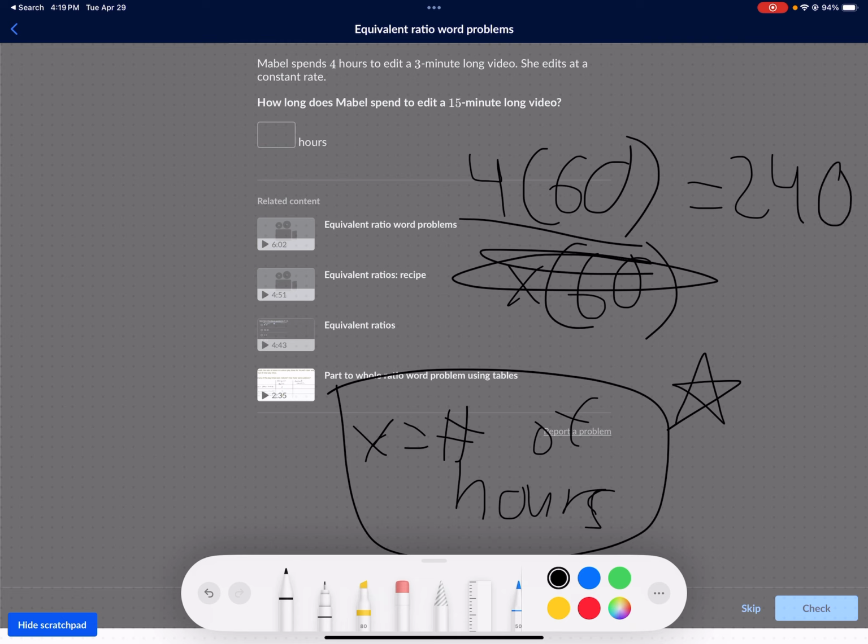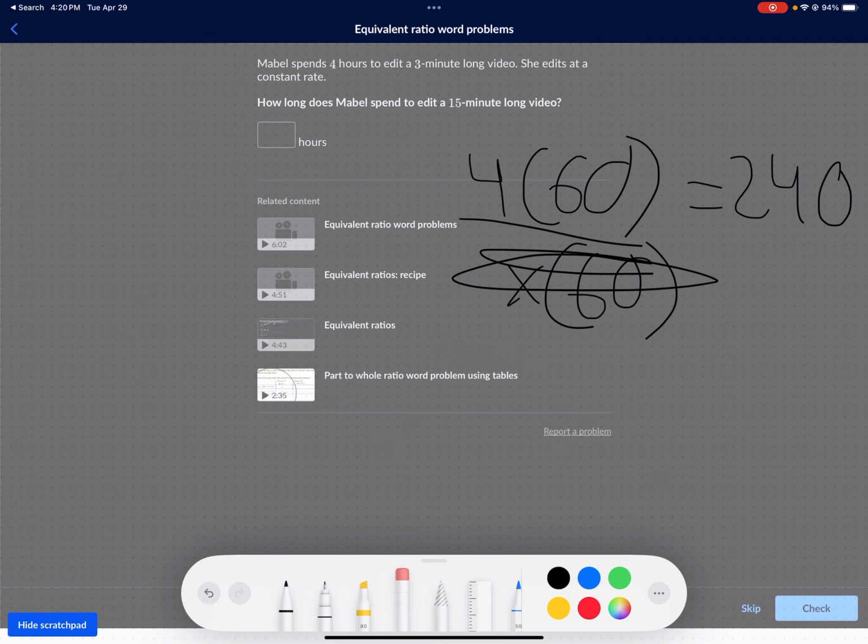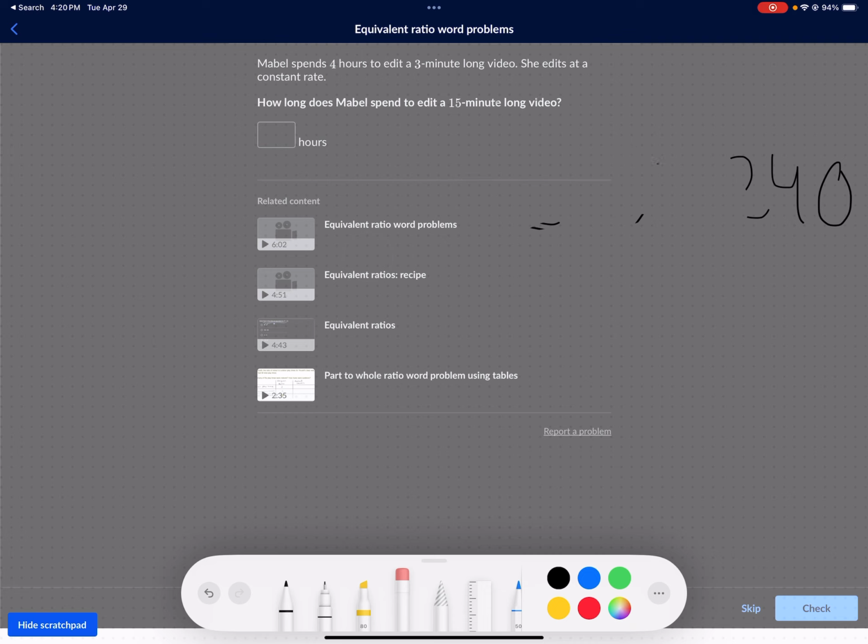240. Now, to get a 15-minute long video, we need to understand. Wait. Oh. I looked at it wrong. But that is the formula for converting hours to minutes. That is correct.